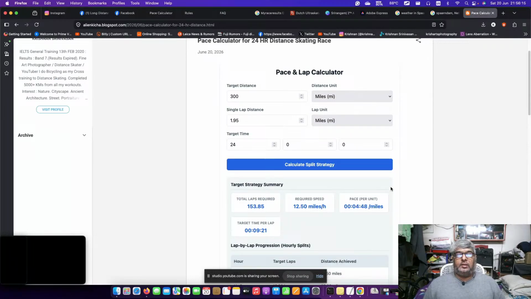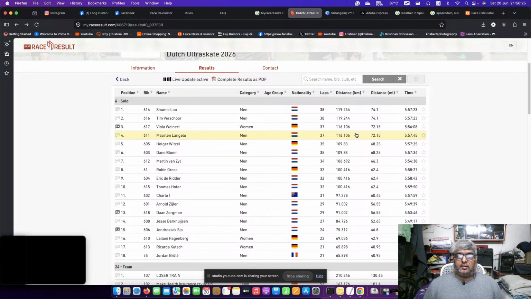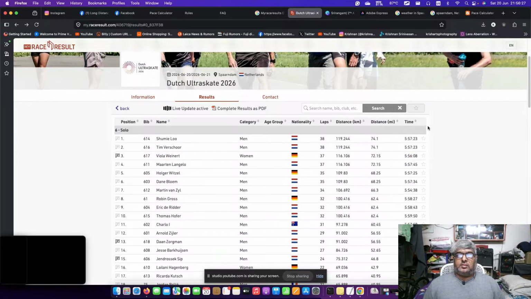In the old pace calculator app, and during the Miami Ultraskate session, they added the pace feature inside the live results page itself. They had another column that tells you the speed and the pace required to complete a certain distance, or what is required to achieve a world record or any other goal.